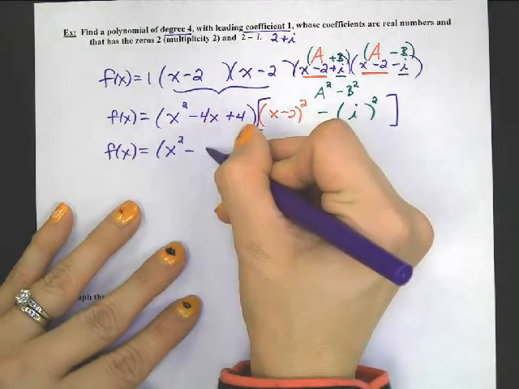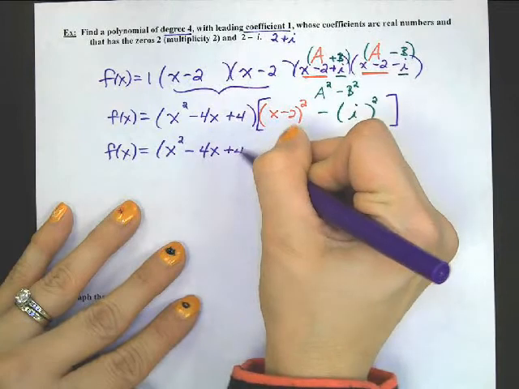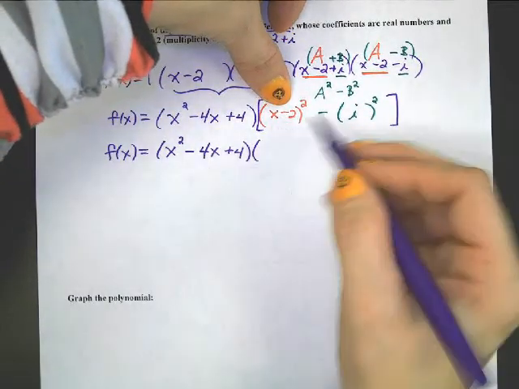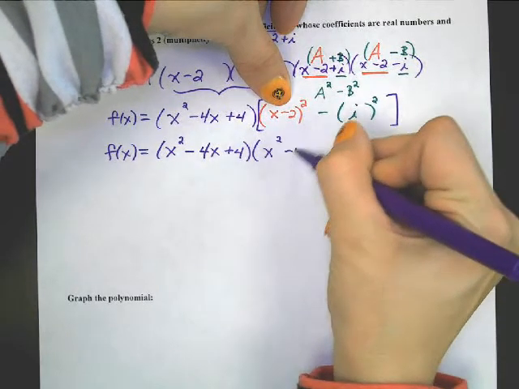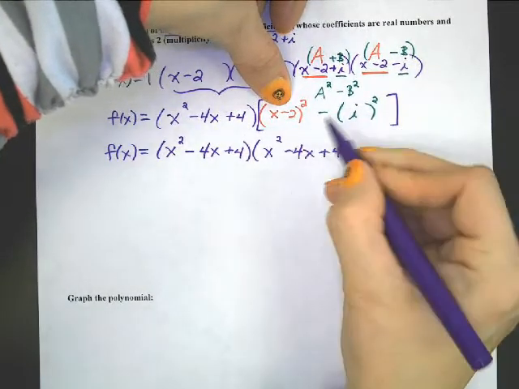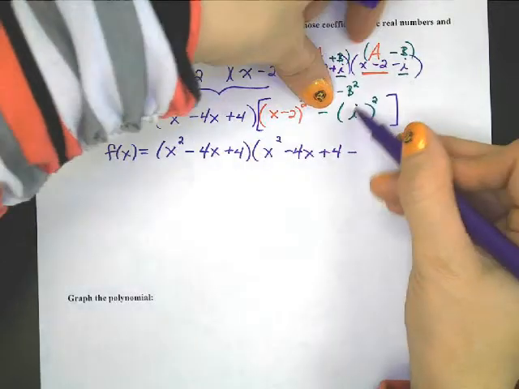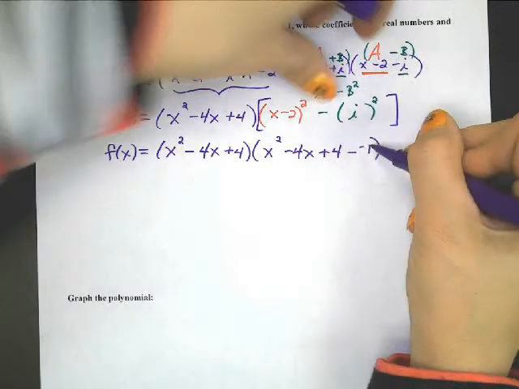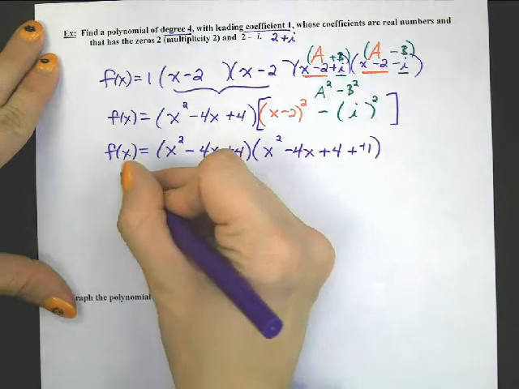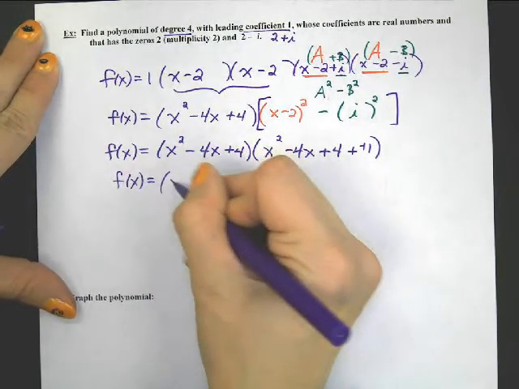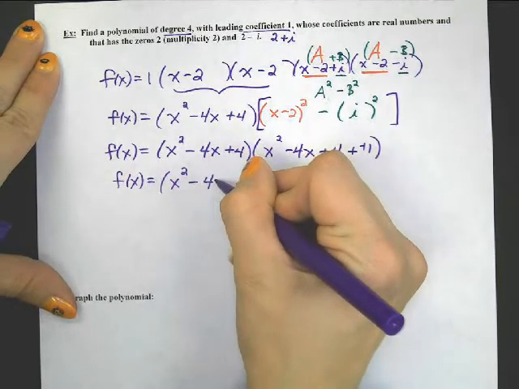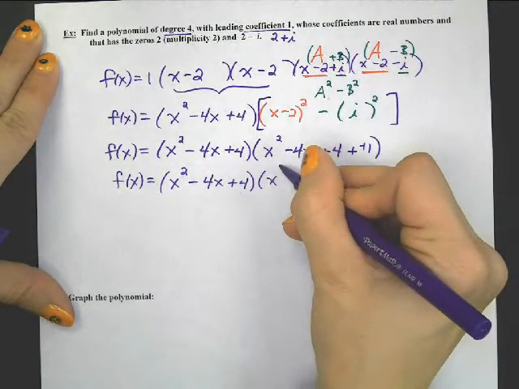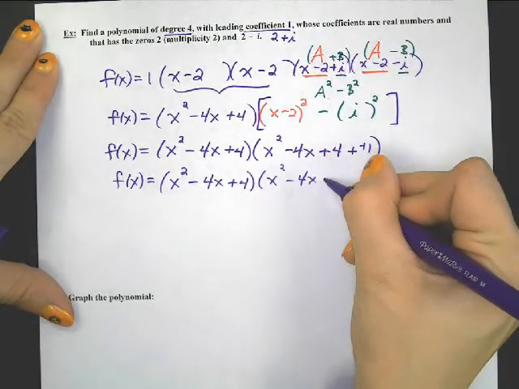X squared minus 4x plus 4. Oh, I just did that problem. X squared minus 4x plus 4 minus, when I say i squared, you say negative 1. Minus a negative, plus. Plus. f of x equals x squared minus 4x plus 4 times x squared minus 4x plus 5.